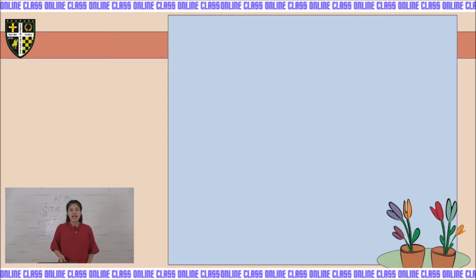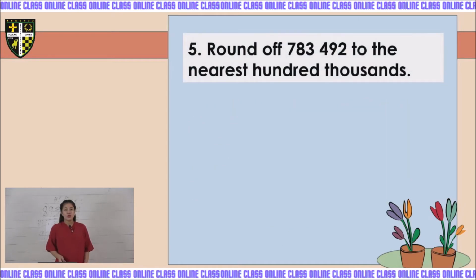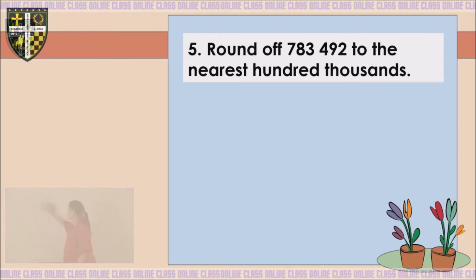And then for the last example, round off 783,492 to the nearest 100,000s place. So let's do it again on the whiteboard.